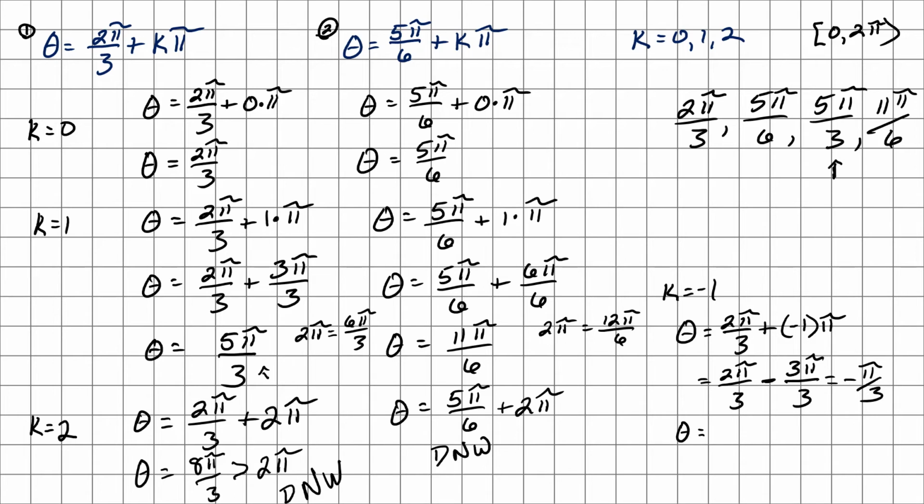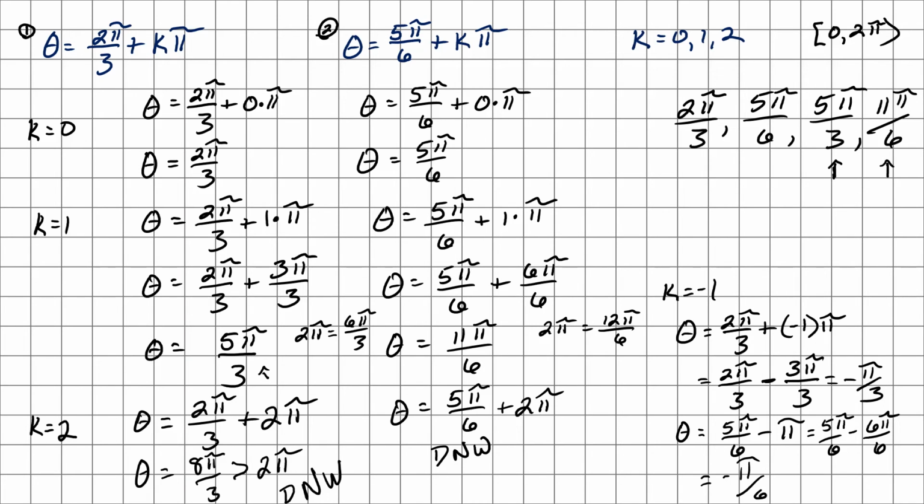I'm going to try it for the other value, so theta will be equal to 5 pi over 6 minus pi, which is going to be 5 pi over 6 minus 6 pi over 6, which is going to give me a negative pi over 6. And that's going to be coterminal with 11 pi over 6, so I'm done.